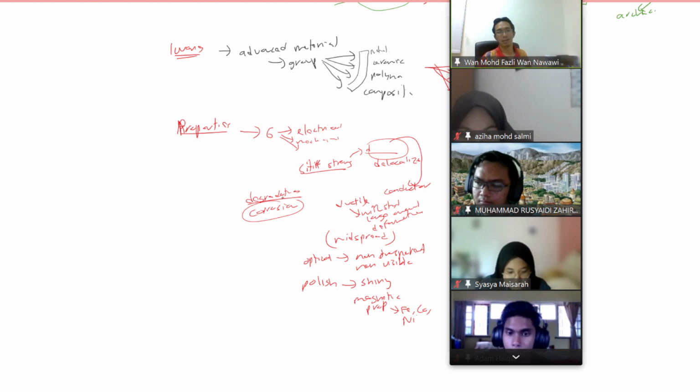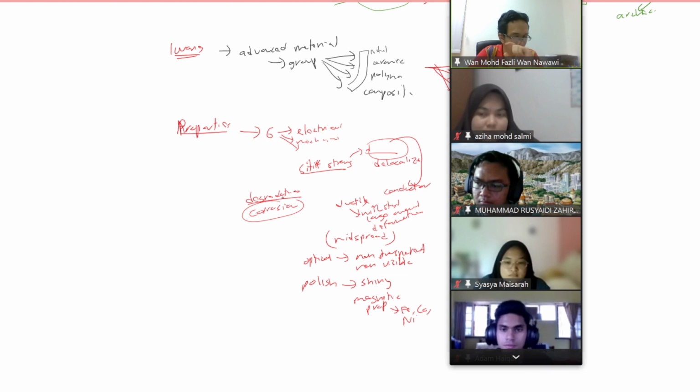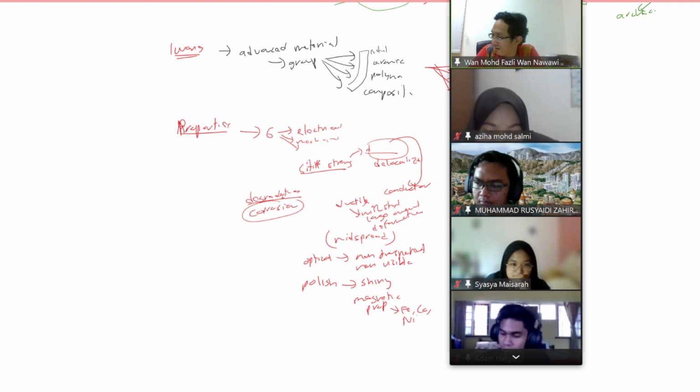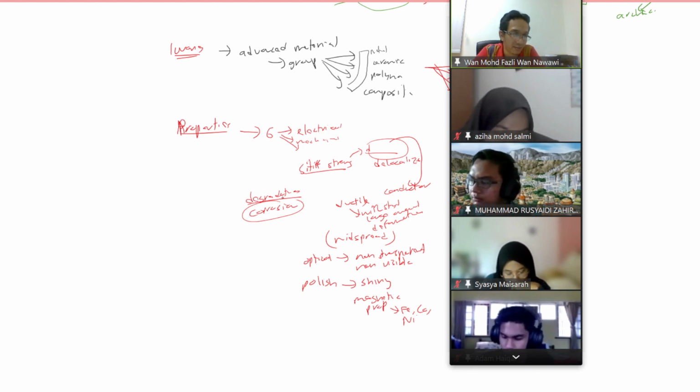Okay, thank you, Alia. So the last question is for the four people here. Only these four persons in front of the open camera now, because normally I also give the chance to them. Okay, the question: tell me about stainless steel. One person only.